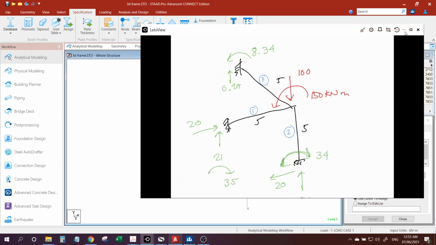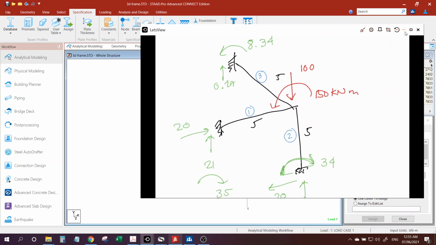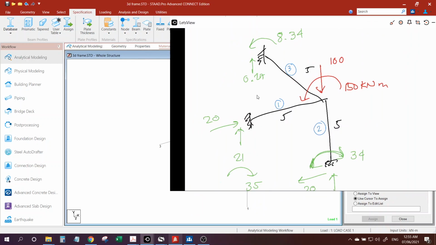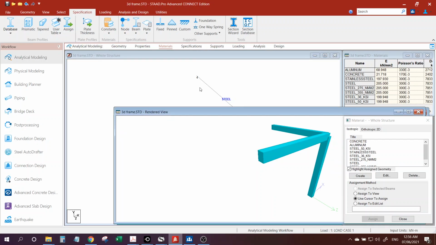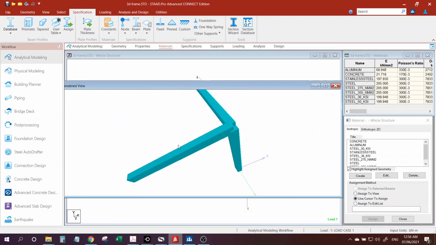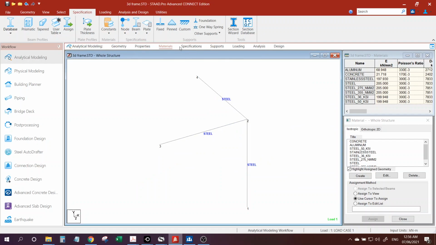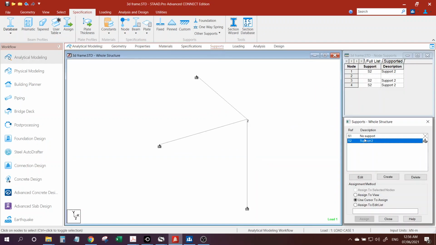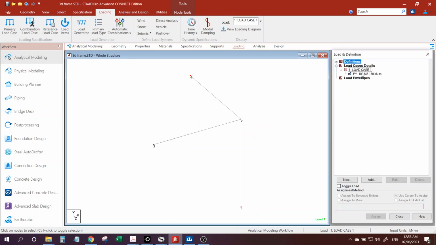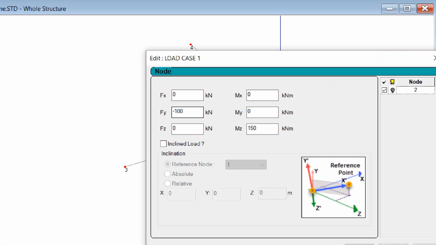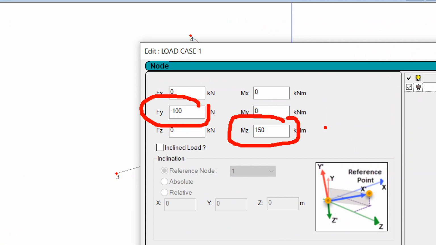Here's the model. Where are the supports? Of course, the supports are fixed. Loading is this one: 100 kilonewton and 150 kilonewton meter.